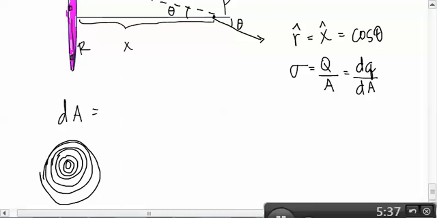So if I want to find a little bit of the area, I need to multiply length times width. The length of one of my rings would be 2 pi r. The width of one of my little rings is a little bit of the radius, dr. And that would give me the surface area of this little ring.